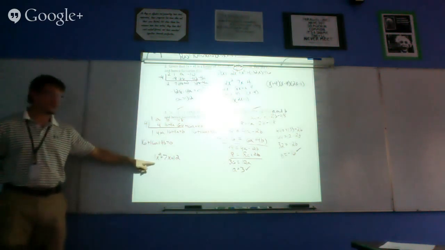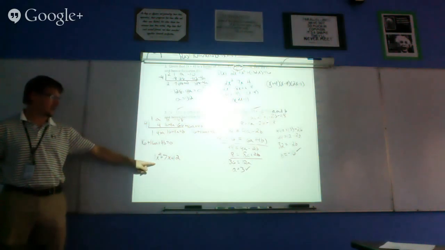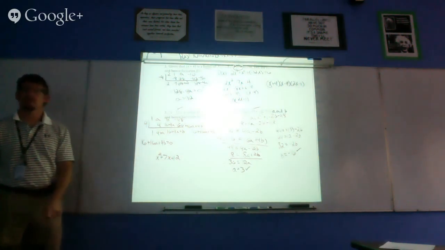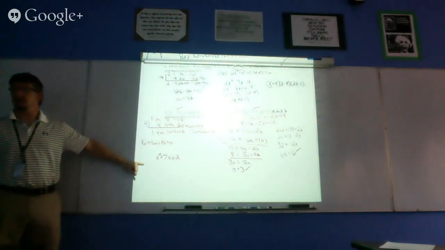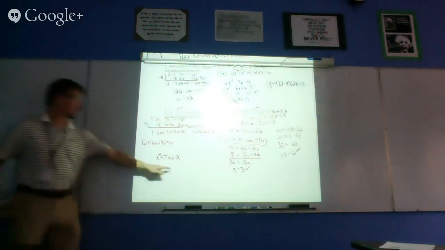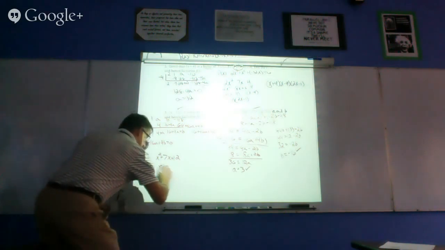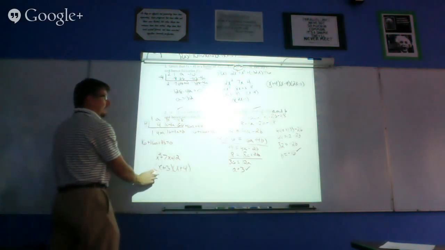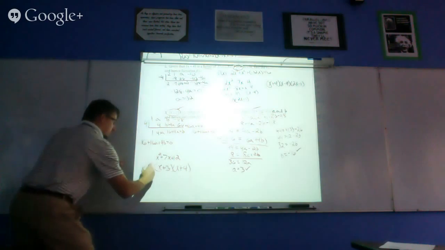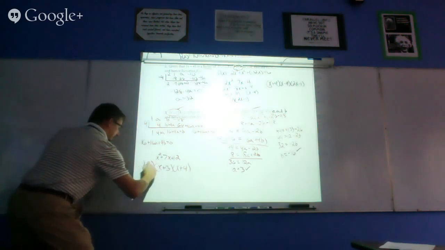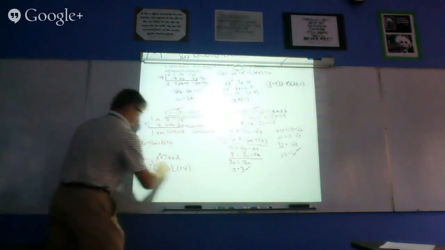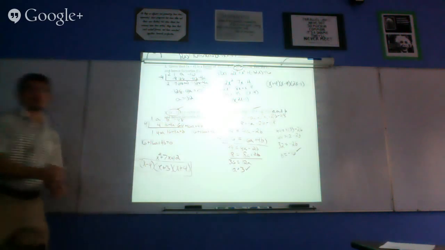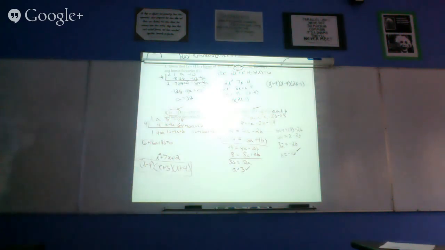Now factor this. It has a leading coefficient of 1, so what can I do? x plus 3, x plus 4. There are 2 of my factors. I have to include the other one, x minus 4. There's my f of x factor.